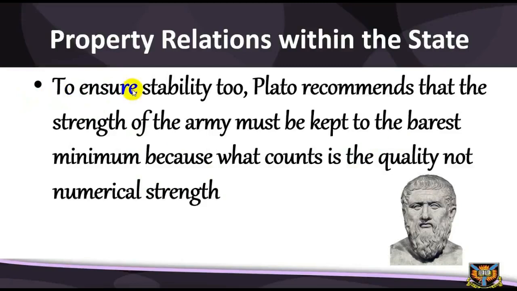To ensure stability too, Plato recommends that the strength of the army must be kept to the barest minimum, because what counts is the quality, not numerical strength. But soldiers must be well trained in military tactics and be physically fit.